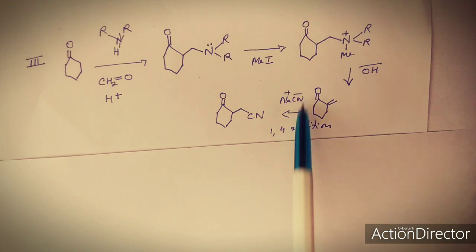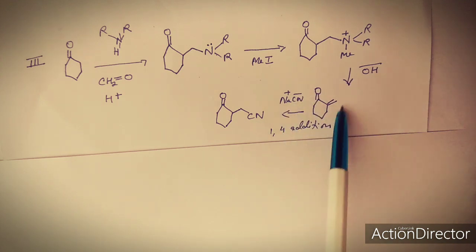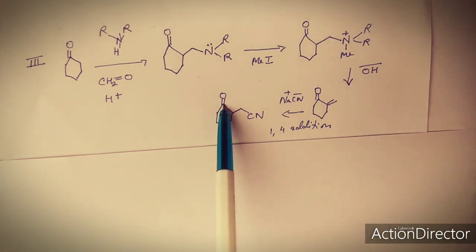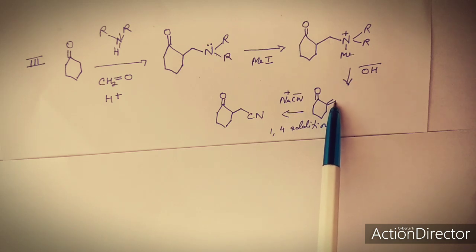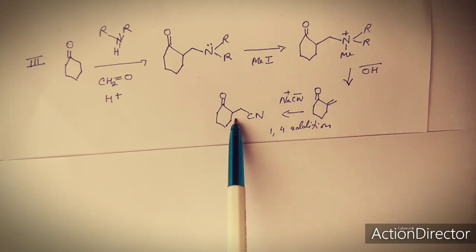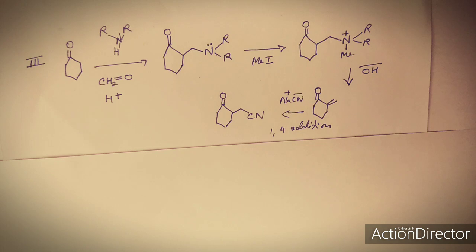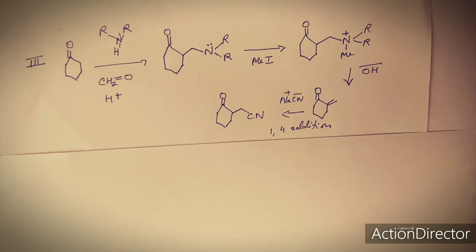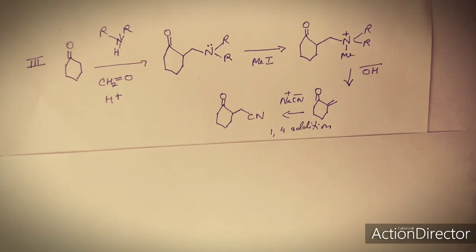Because this is soft, it will attack a soft site rather than attacking the carbonyl carbon. This will tend to attack in a 1,4 fashion. So this will be the product that will be formed. So a 1,4 addition. Moreover, if this is hydrolyzed, then this will give us a COOH. So we can see the use of this reaction.